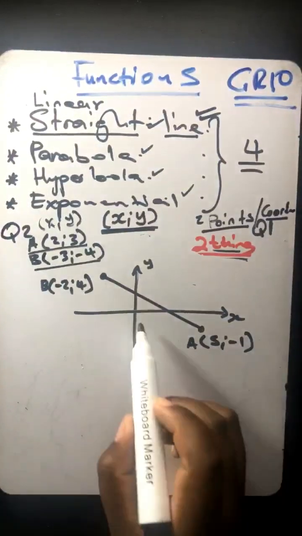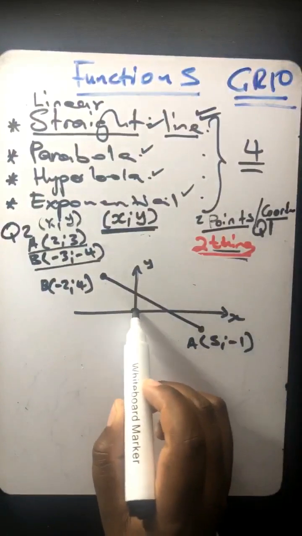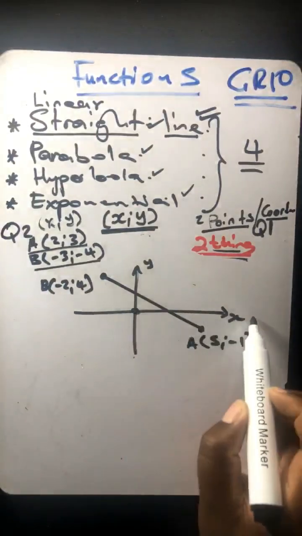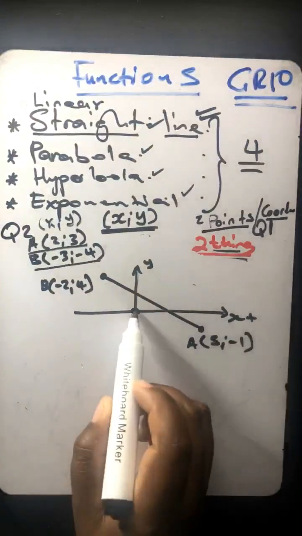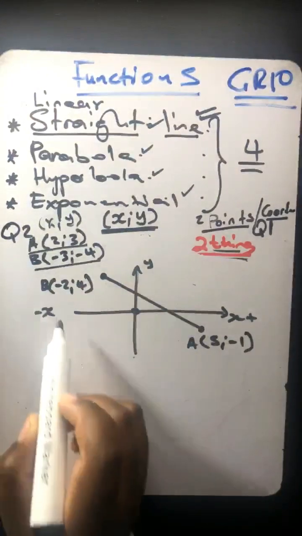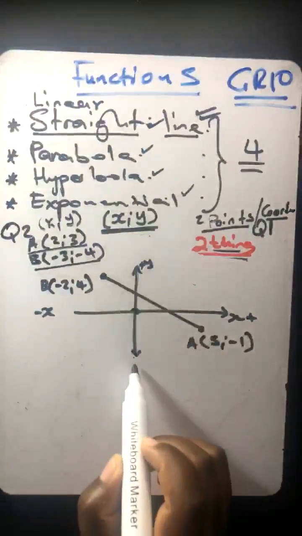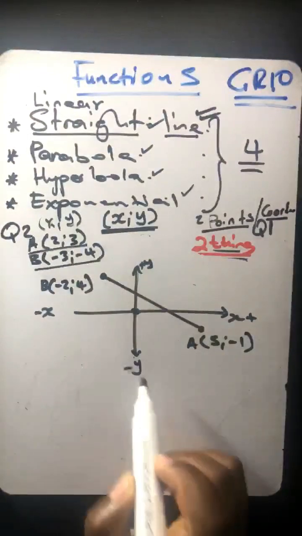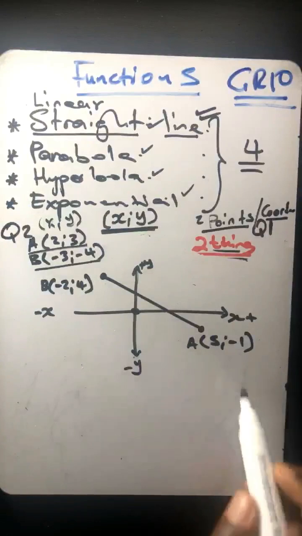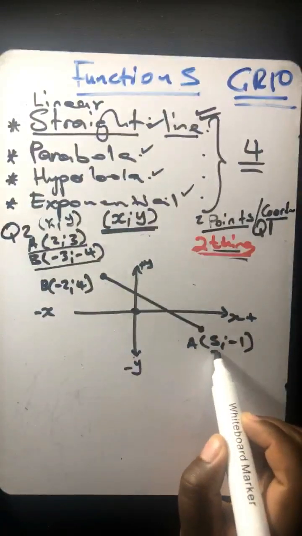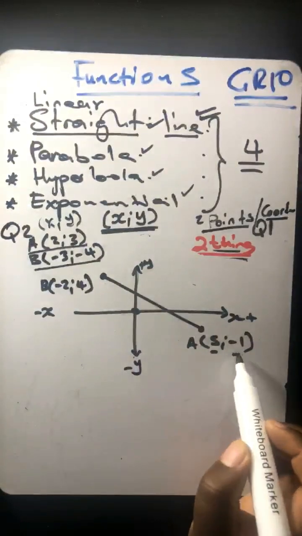So remember, from the origin towards this side, x values are positive. From the origin to this side, x values are negative. From the origin upwards, y values are positive, and from the origin downwards, the y values are negative. So that is why you are going to have a positive x value and a negative x value.